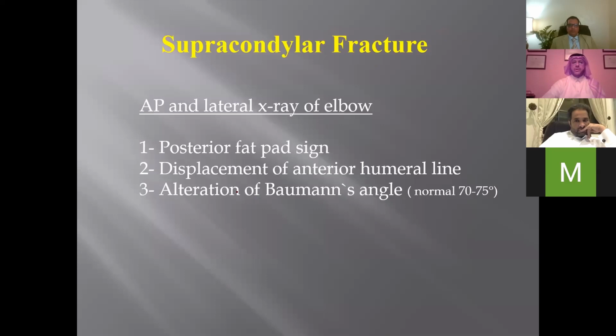Look for the posterior fat pad sign, and second, to diagnose a supracondylar fracture, displacement of the anterior humeral line and alteration of Baumann's angle, and we're going to talk about it in a second.